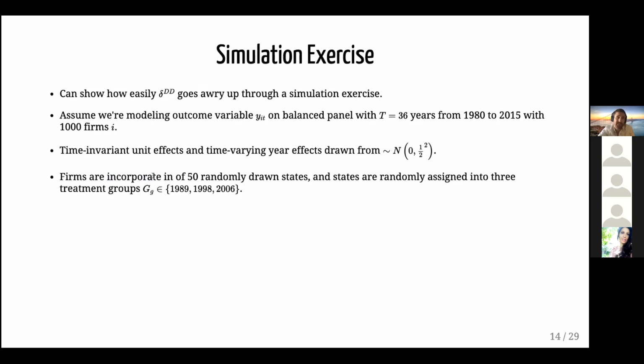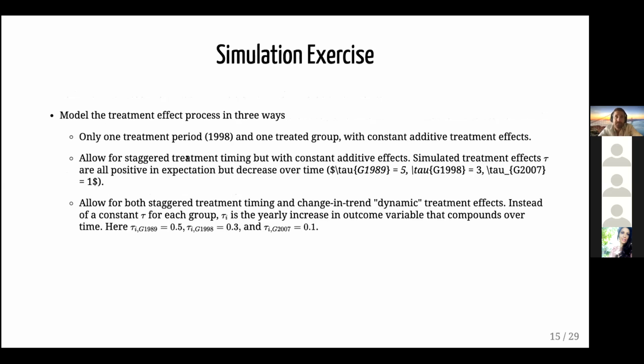So assume they're located in one of 50 randomly drawn states. Then I randomly assign these states into 3 treatment groups. Some groups will be treated in 1989, some in 1998, and some in 2006, equally spacing out 3 different treatment timing groups.